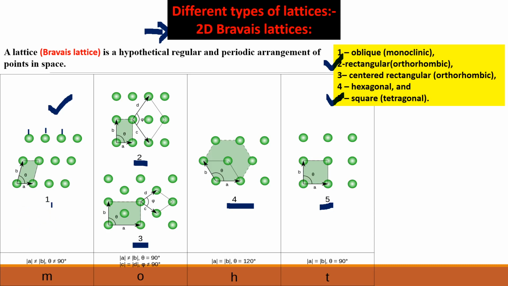Let us look at the 2-dimensional Bravais lattice in figure 1. Here we observe that atoms are arranged in a 2-dimensional way.